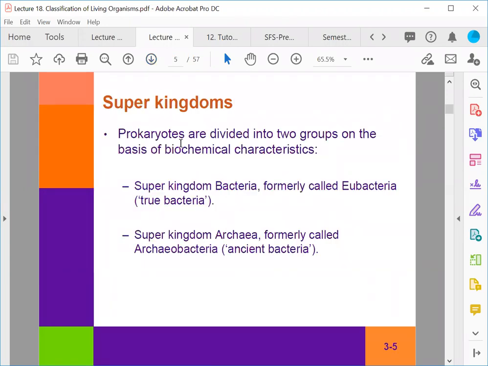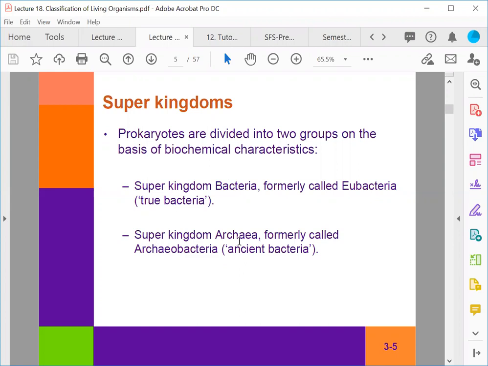All right, the prokaryotes are divided into those two groups, bacteria and archaea, on the basis of biochemical characteristics. If we look at the level of superkingdoms, then the superkingdom bacteria was formerly known as the eubacteria, which means true bacteria.